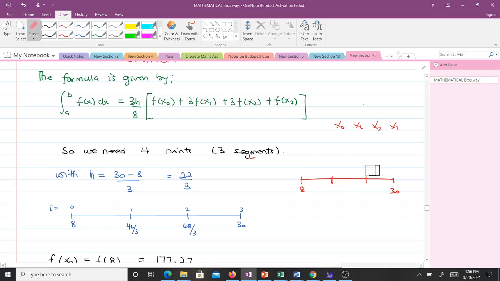So how do we know the values which are supposed to be here? So we have to find our step size h, and our step size h is given by b minus a over n. In this case n is 3, so b minus a over 3. And you know b is the upper limit of the integral and a is the lower limit of the integral.